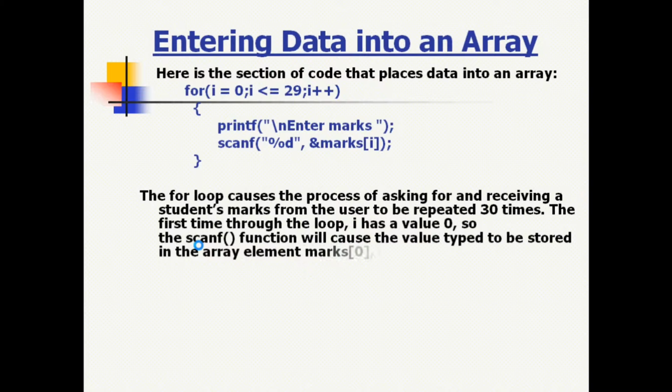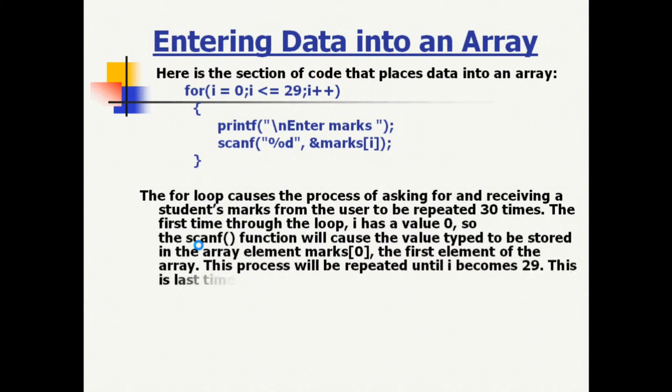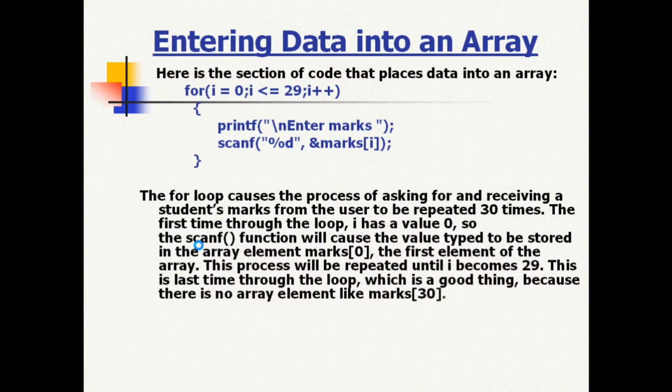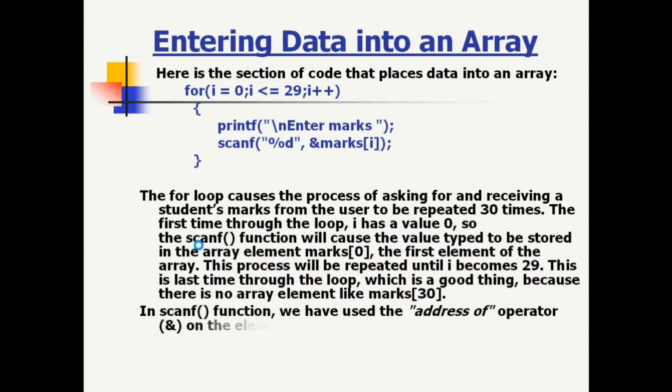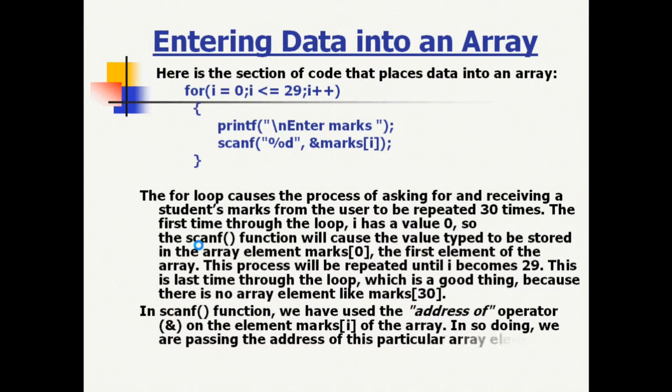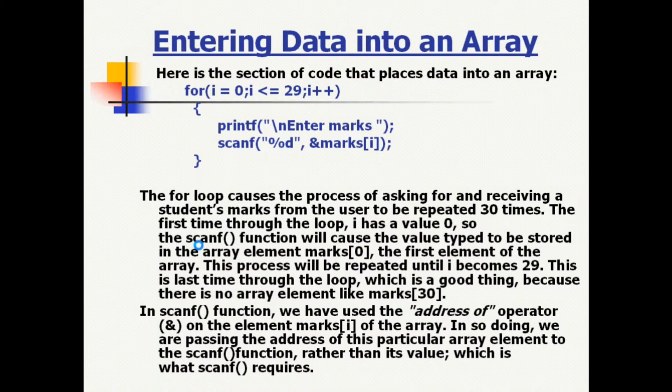The scanf function will cause the value typed to be stored in the array elements, marks[0] being the first element of the array. The process will be repeated until i becomes 29. This is the last time through the loop, which is a good thing because there is no array element like marks[30]. In the scanf function, we have used the address of operator and the element marks[i] of the array.